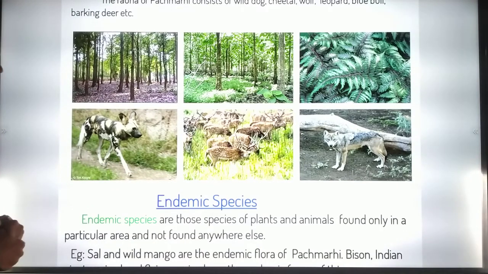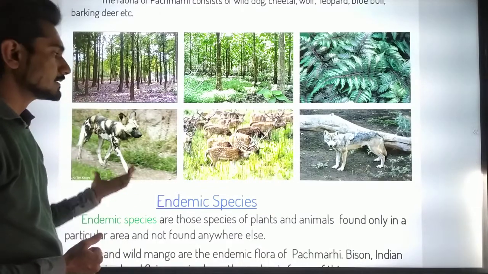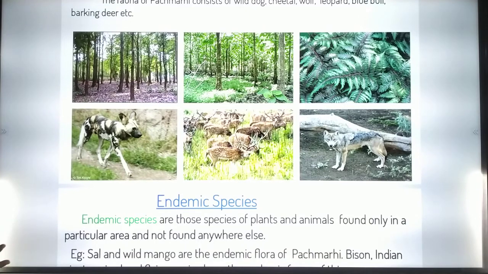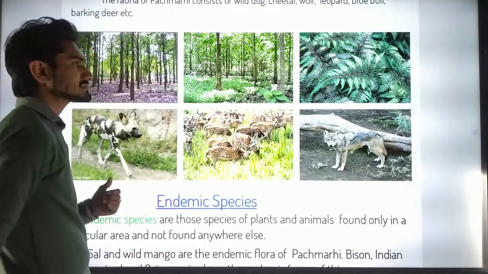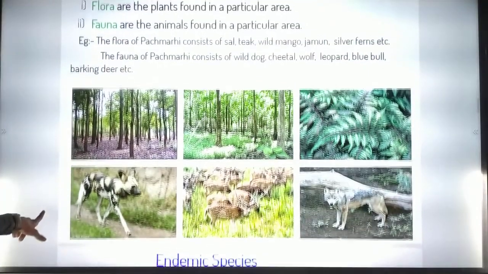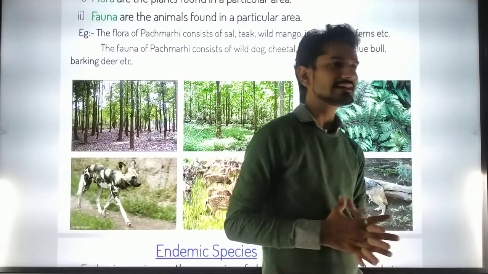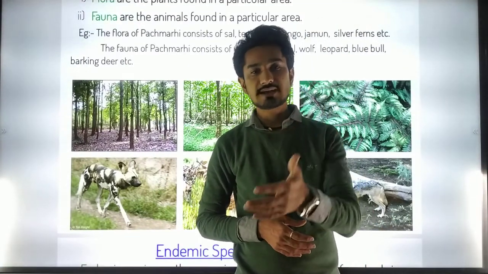See, these are the different kinds of species of animals. You can see it on your screen. Now, whenever we are studying these animal species, you have heard that so many animal species are getting extinct, or are on the verge of extinction.